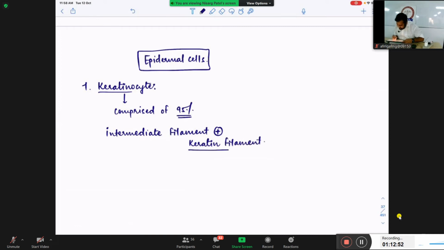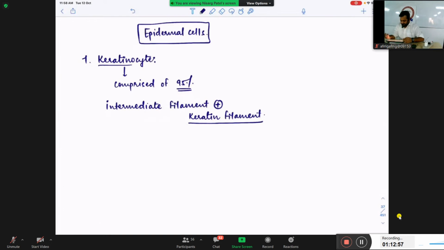This intermediate filament is a keratin filament. The transit time or turnover time is 28 days.